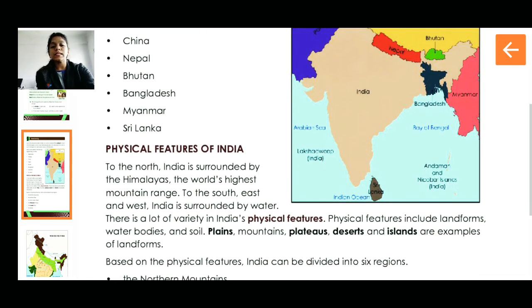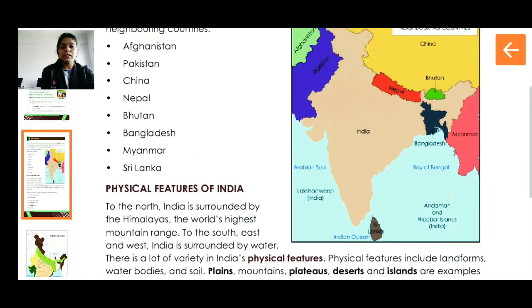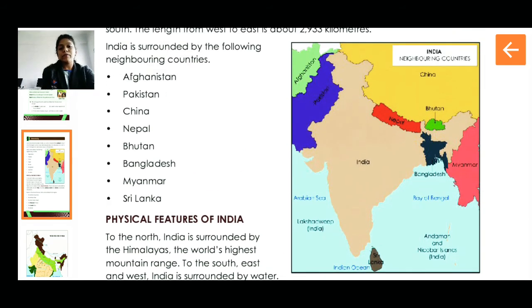So now we will see the physical features of India. Now you know students, if you see this map, you have now known how to use a map. So now which is the north side? You can see the upper portion, that will be your north side, and the below portion, that is your south side.